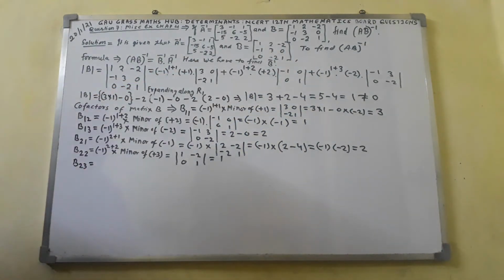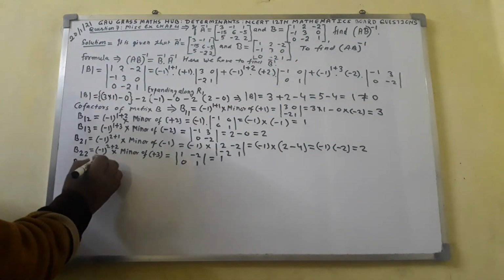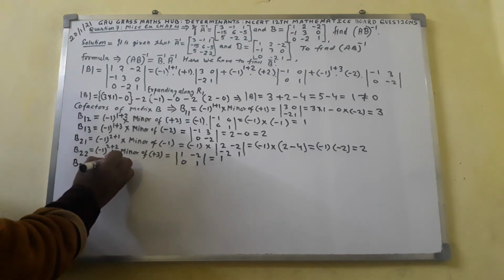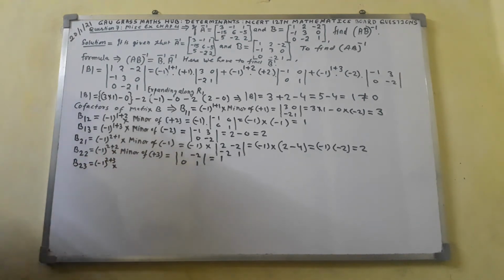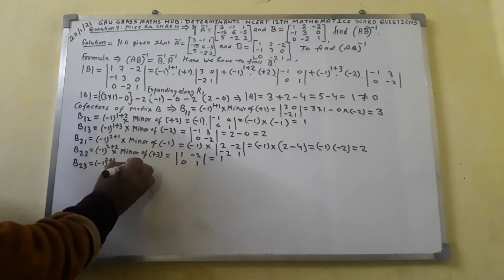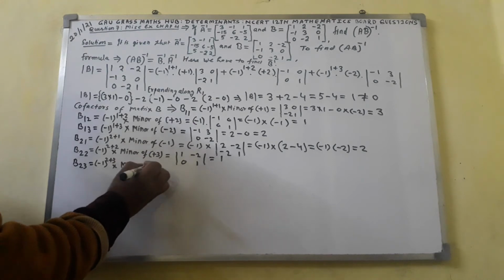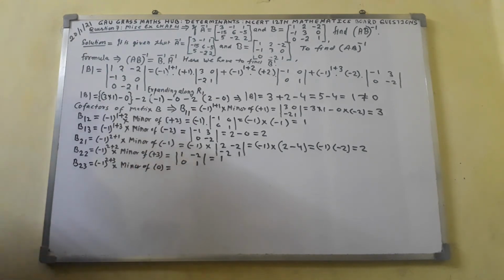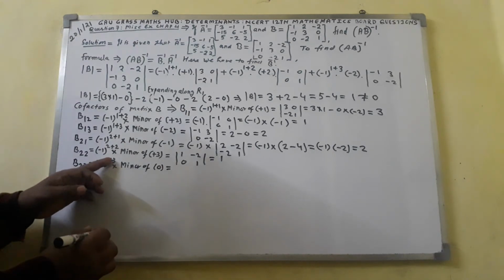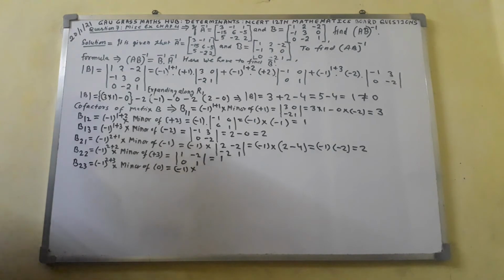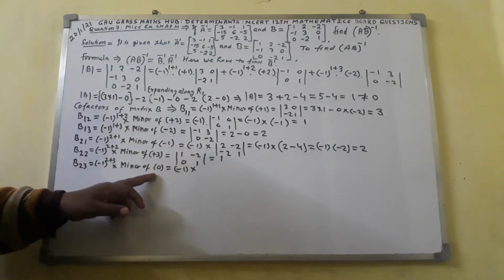For third column I written here 3. So -1 raised to power 2 plus 3, 2 plus 3, 5 it will come. Minor of element 0. -1 raised to power 5 it will become, comes out to here -1 into minor of 0.